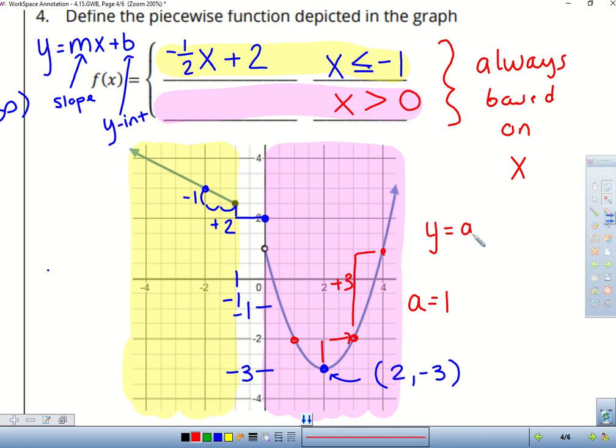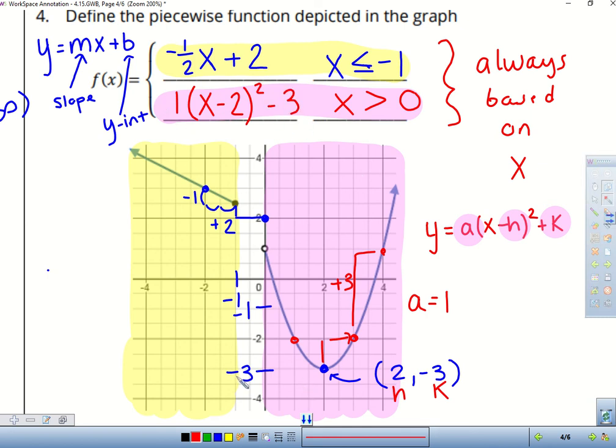So, vertex form for a quadratic is this. You remember this? All we need to come up with that equation is A, H, and K. Do we have those 3 items? Yes. So my formula is 1 parenthesis x minus 2 squared plus or minus k.